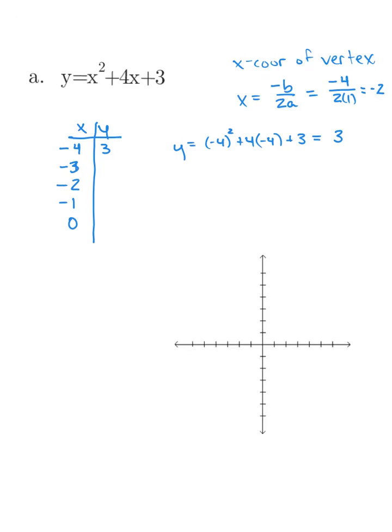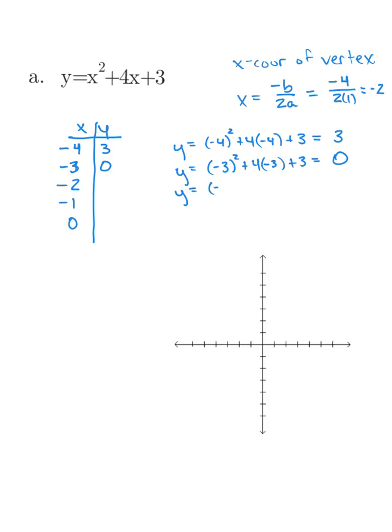If we plug in negative 3, we get negative 3 squared plus 4 times negative 3 plus 3. And again, if you plug this into your calculator or use order of operations, you should get 0.